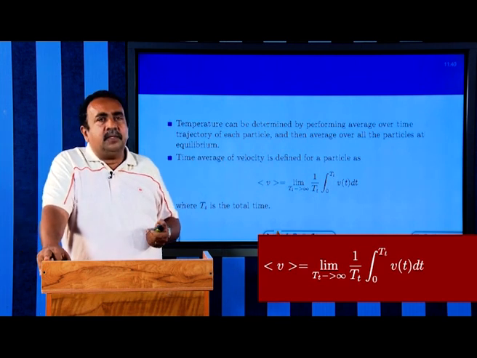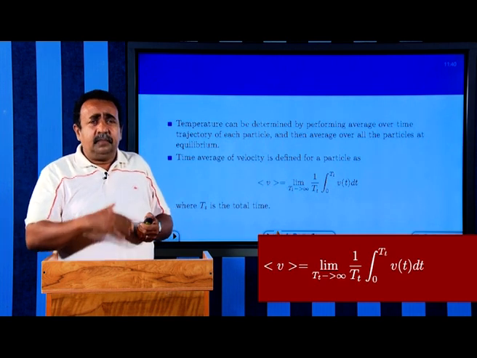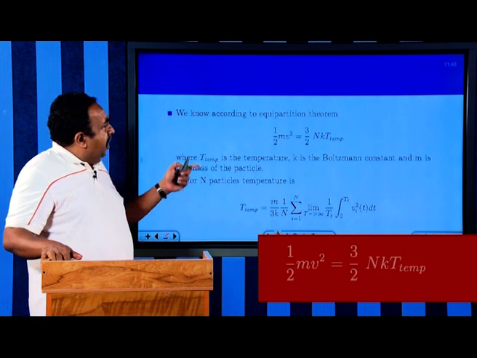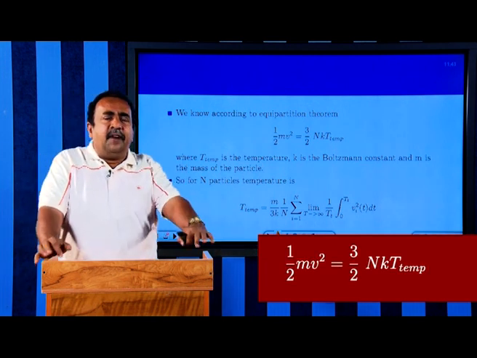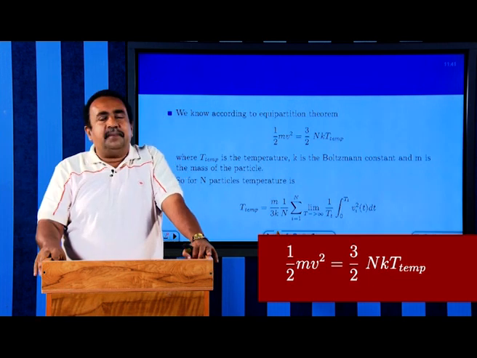Why am I finding out this velocity? Basically, I am interested in finding out temperature or pressure or energy, etc. Therefore, by the equipartition theorem, I have half mv square is equal to 3 by 2 kT, where T is the temperature.